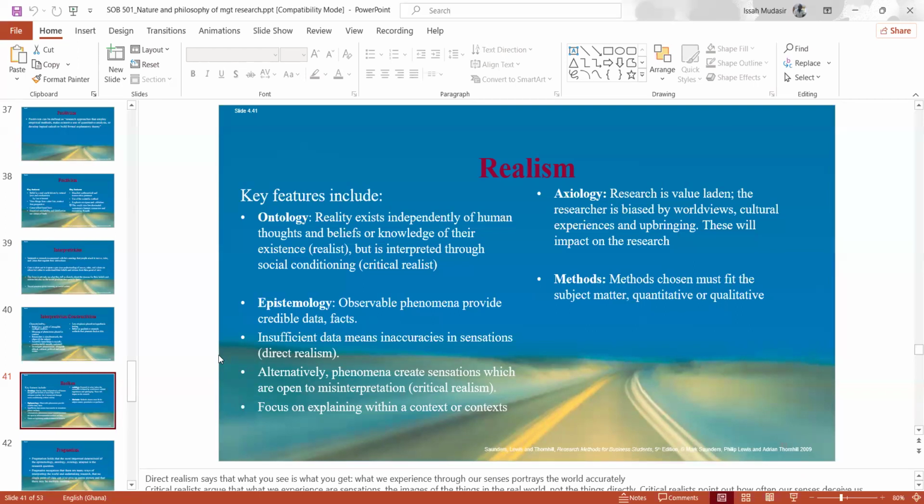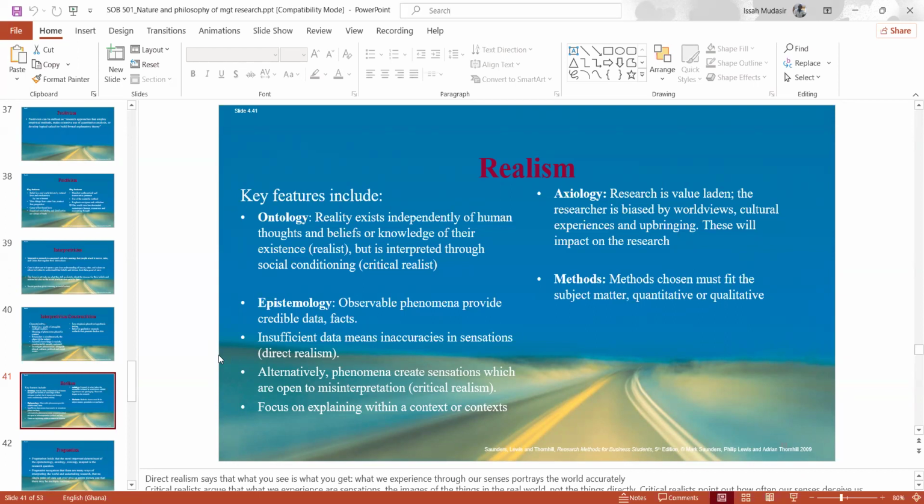Thus, they are the direct realists. So they have two different divisions. There's one group that says that reality exists. In other words, there's an objective reality. Whether our belief system coincides with that or not, that reality exists. So we call them the direct realists.